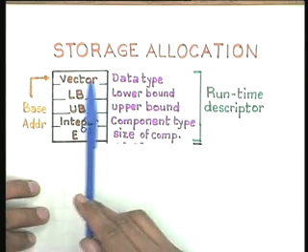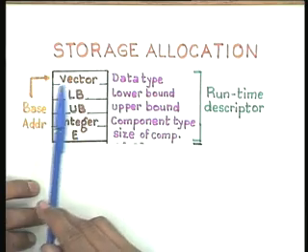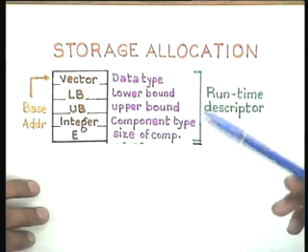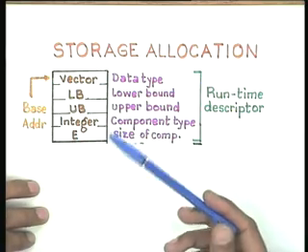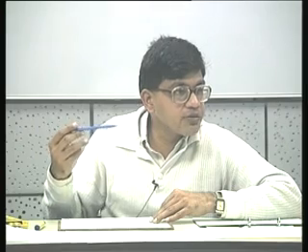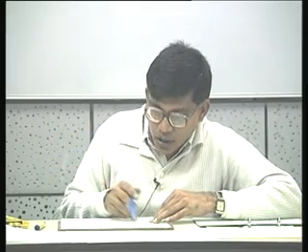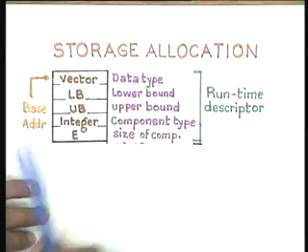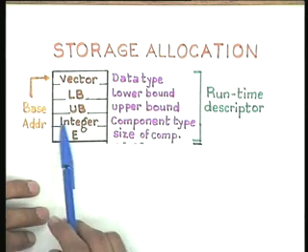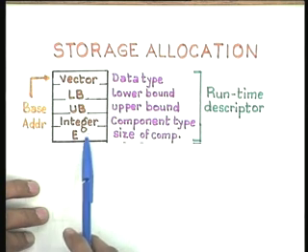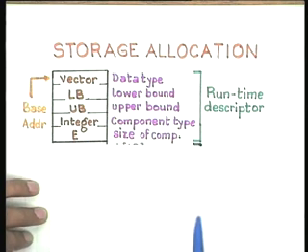It is called a vector by Pratt, but that is not important. In order to perform runtime checks on indexes, you need to know the lower bound, the upper bound, the type of the component, and the amount of space each component is going to occupy.